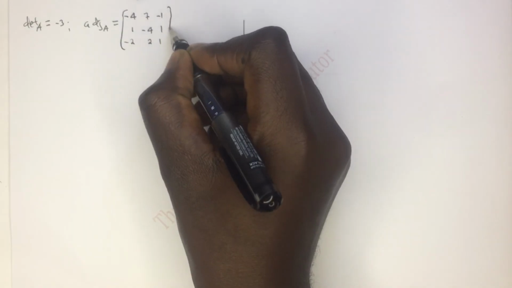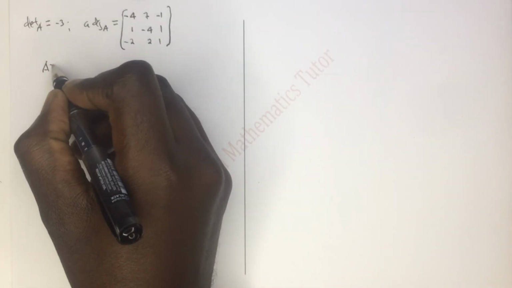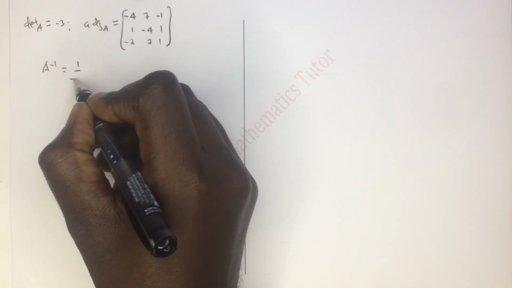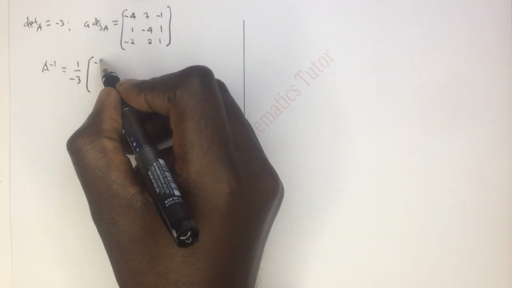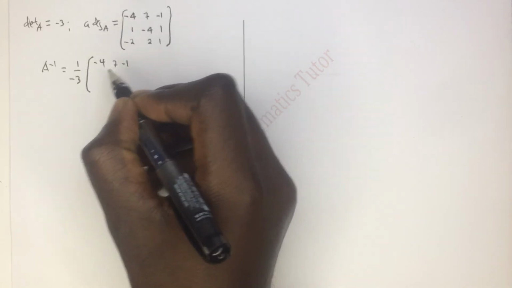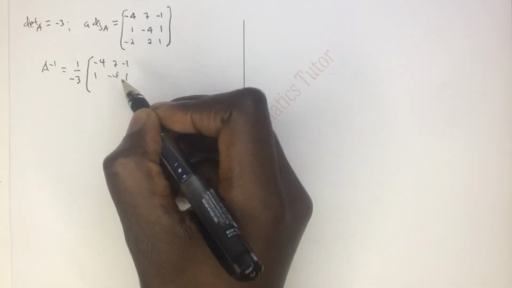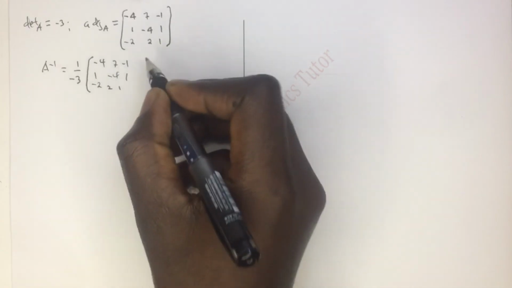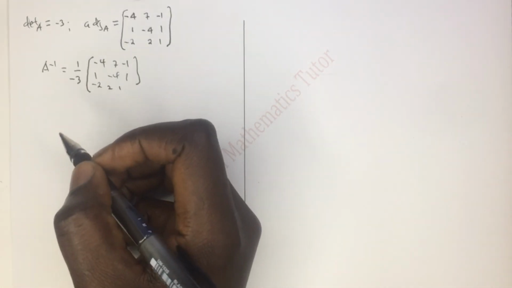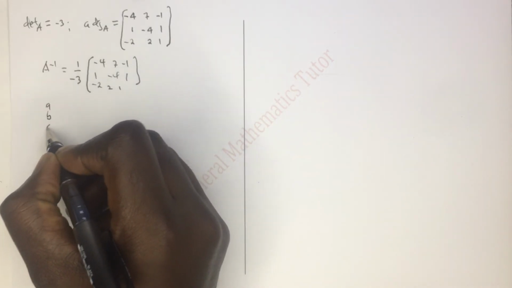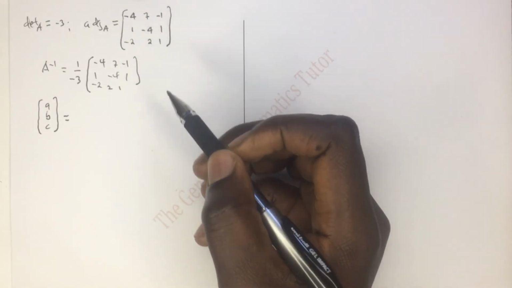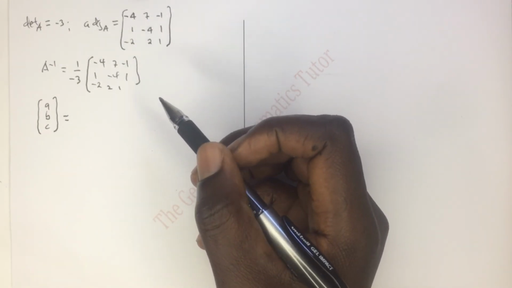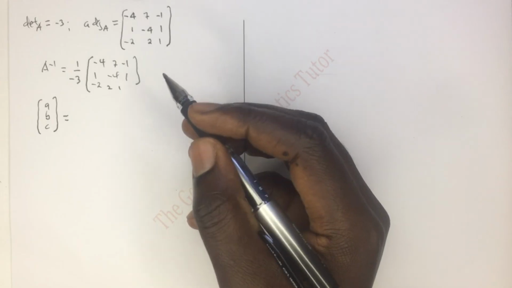So we can now use this information to obtain the inverse of A. We take 1 over the determinant of A times the matrix -4, 7, -1, 1, -4, 1, -2, 2, 1. So that is the inverse. We can now obtain the unknowns, that is A, B, and C, by pre-multiplying what we had on the left hand side, on the right hand side, by this particular inverse.